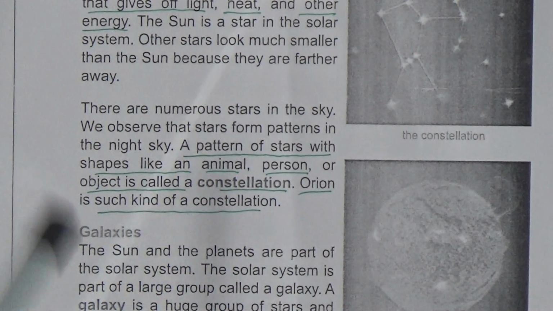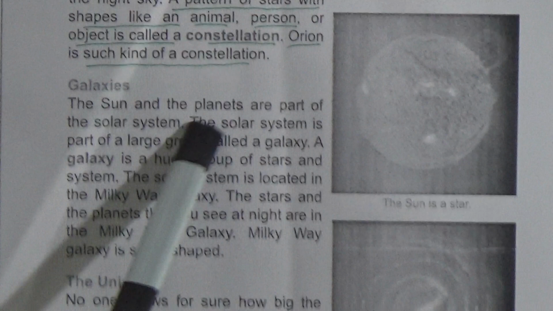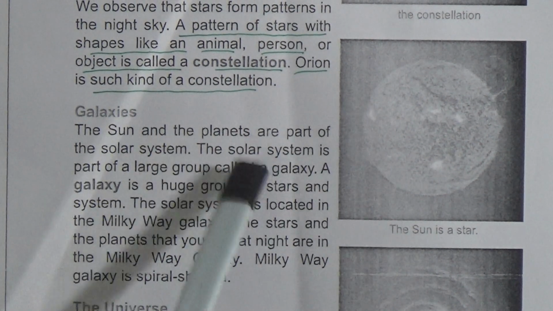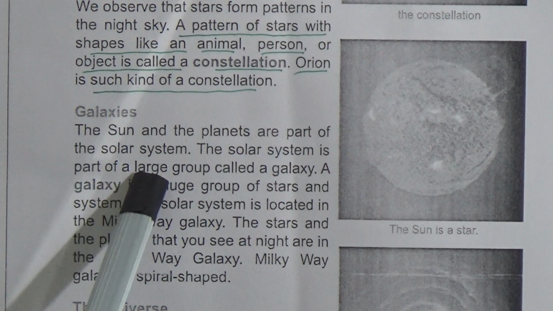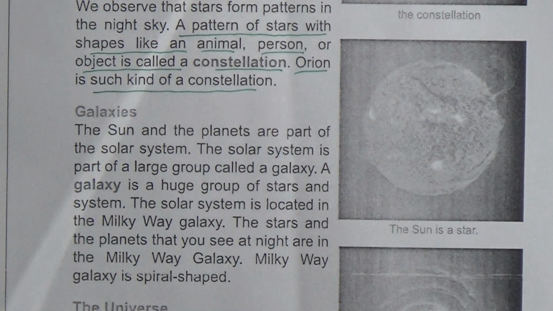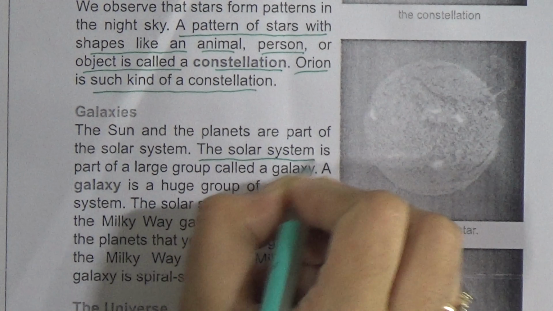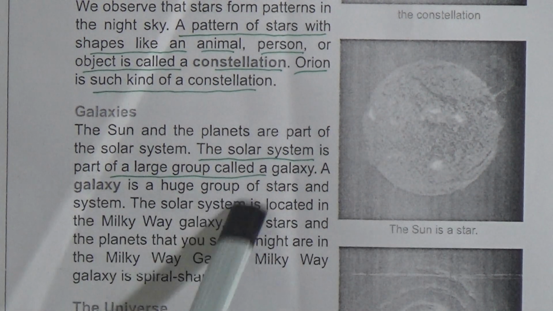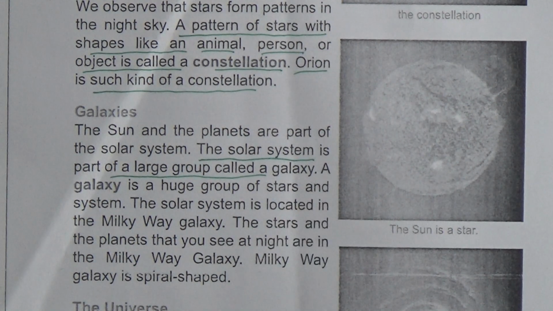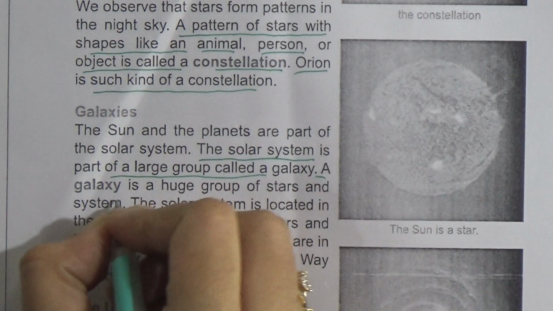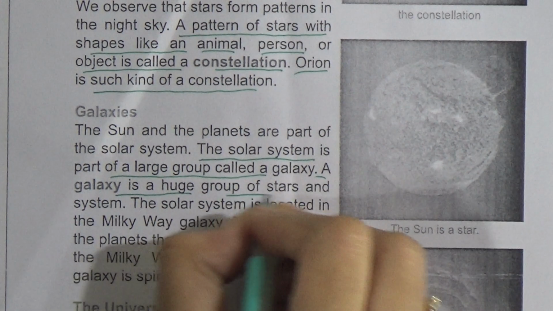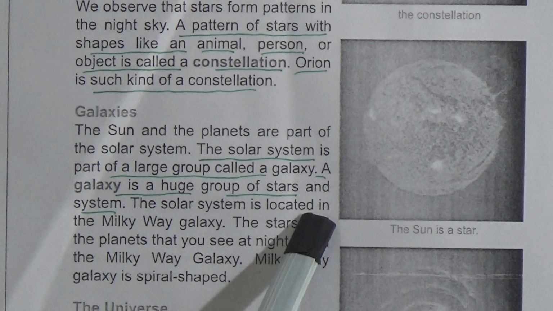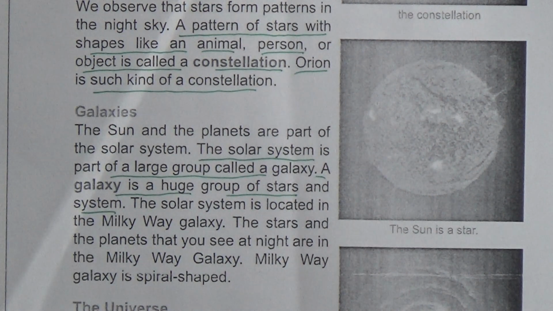Now galaxies. The sun and the planets are part of the solar system. The solar system is part of a large group called a galaxy. A galaxy is a huge group of stars and systems.